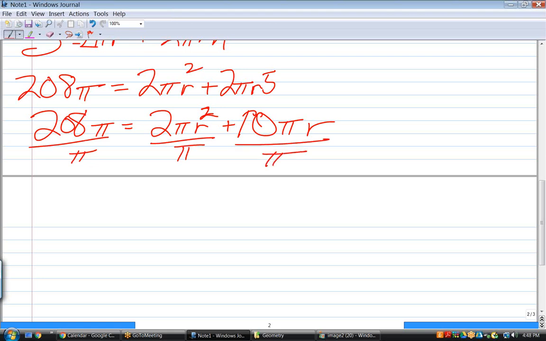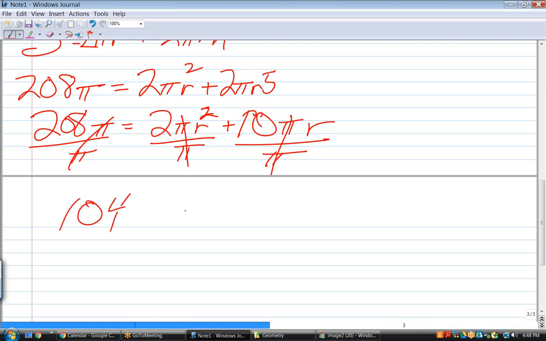Okay. Now the pi's go away. That helps. And now we can divide everything by 2. So I end up with 104 equals r squared plus 5r. All right. Now what?